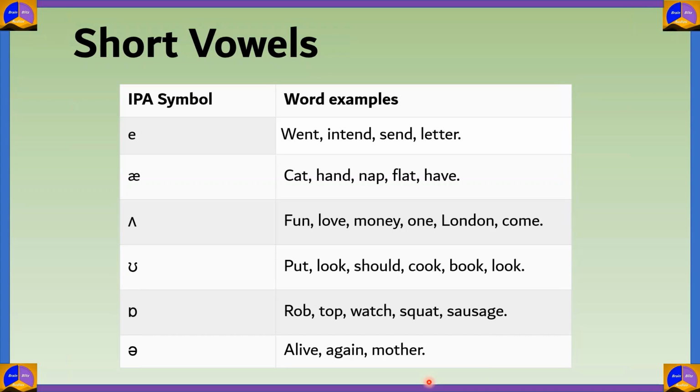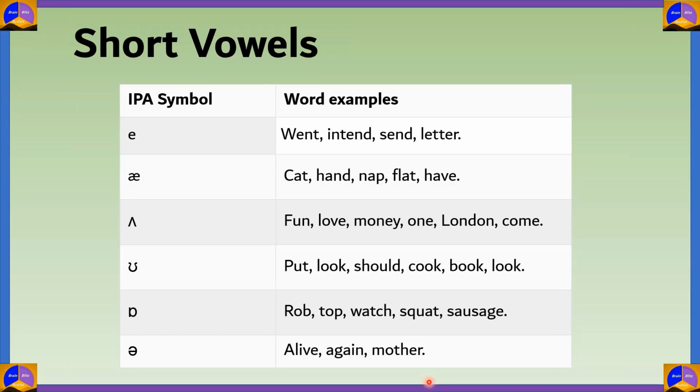The second sound, which has the symbol which is a mixture of A and E combined, is pronounced A, such as cat, hand. So that sound in the middle is represented by the short vowel A. Other examples include nap, flat, and half.